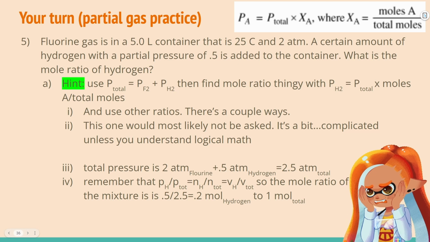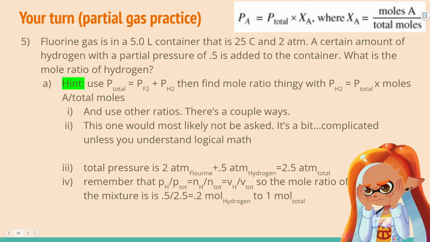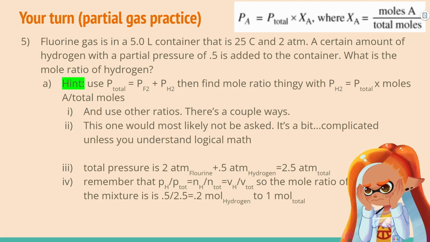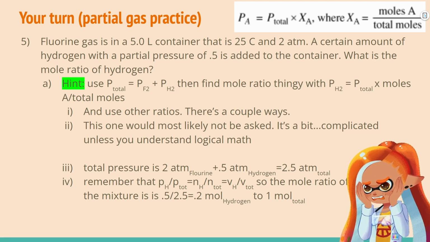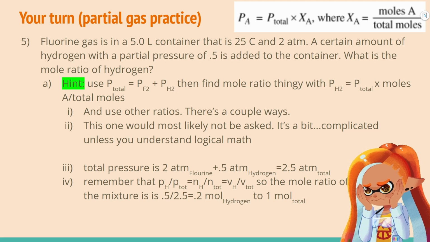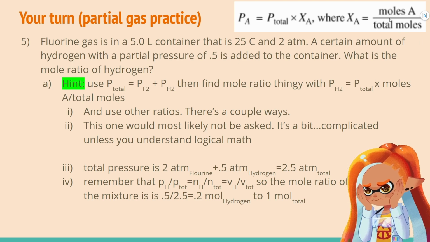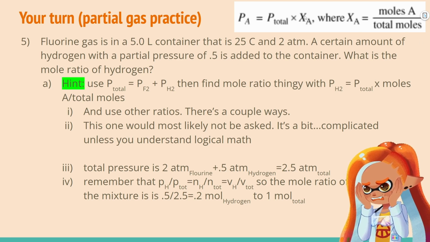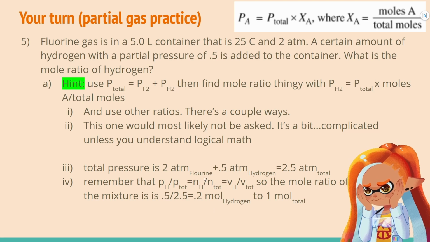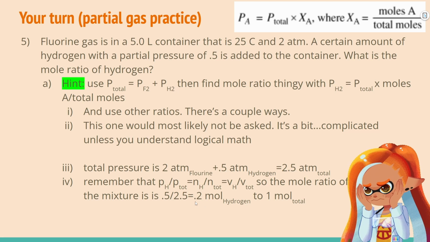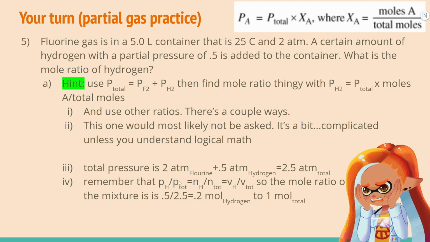Now, if you're like, what the heck, I don't get it. Like I said, this is a way more complicated problem, and College Board probably wouldn't ask one like this, but again, you take the relationships that are given up here, and then instead of having X, you put this over here, and then I just manipulated it to have the moles on one side, the pressure on one side, and then I got my mole to mole ratio by dividing the pressure of hydrogen by the pressure of total.